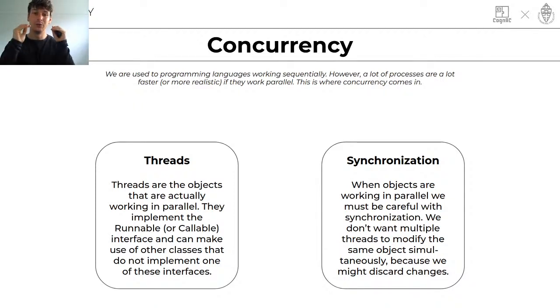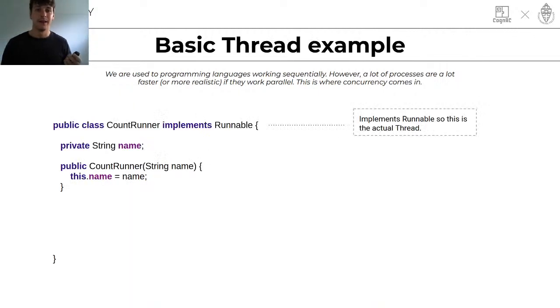But if we do that at the exact same time, there is a chance that either my operation or her operation is ignored, which means that the bank account only listens to one change. It will either go to 70 or 40, but it won't go to 50. That's why synchronization is very important.